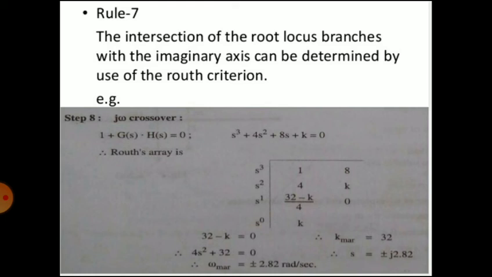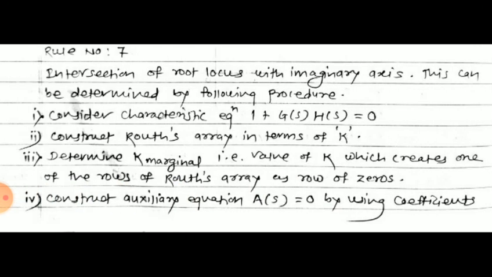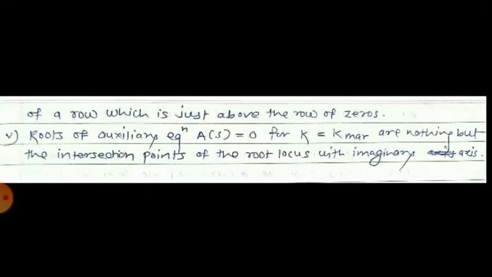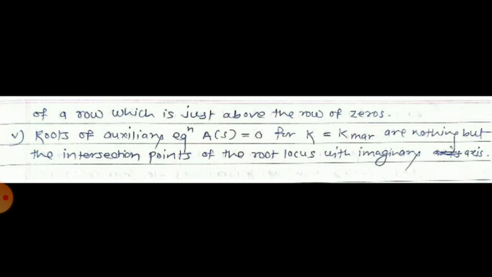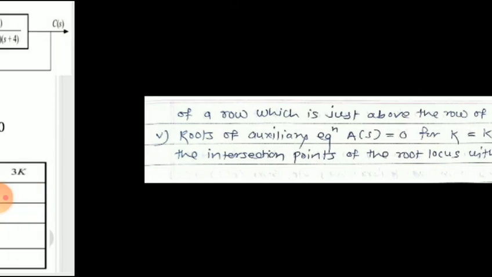So s equal to plus or minus j 2.82 means that it will intersect at this point on the imaginary axis. So this is the procedure to find out the intersection of root locus with the imaginary axis.